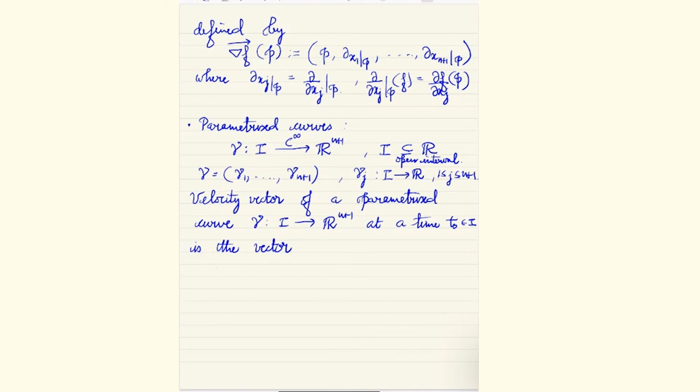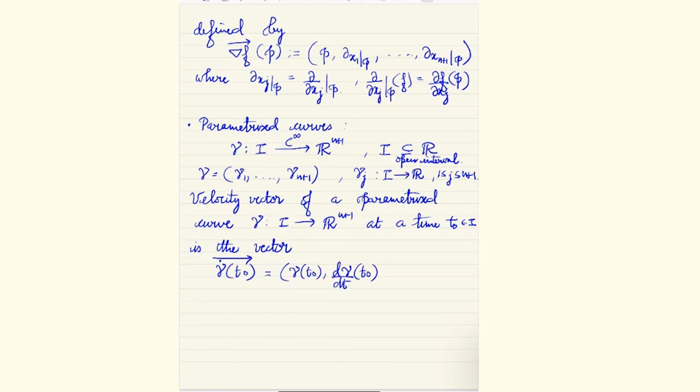And the notation, I usually use gamma prime, but since he uses gamma dot, I'll stick to this. This is simply the notation for the velocity vector at the point of the curve gamma at time t naught. What is the associated tangent vector? This is d gamma by dt at the point t naught.